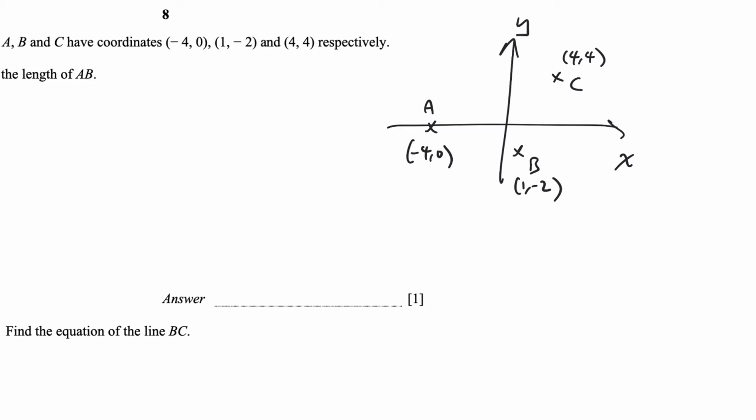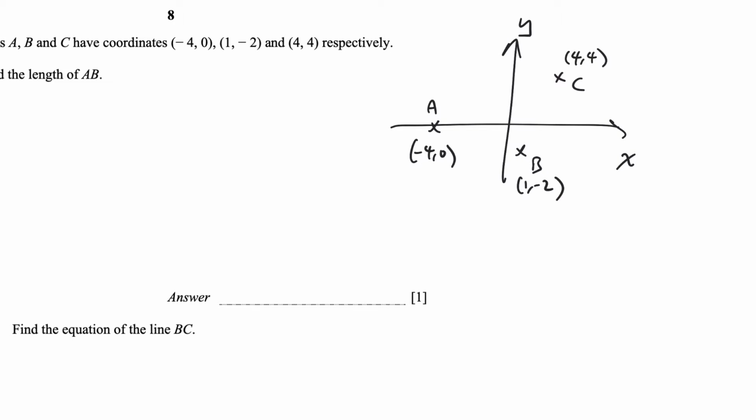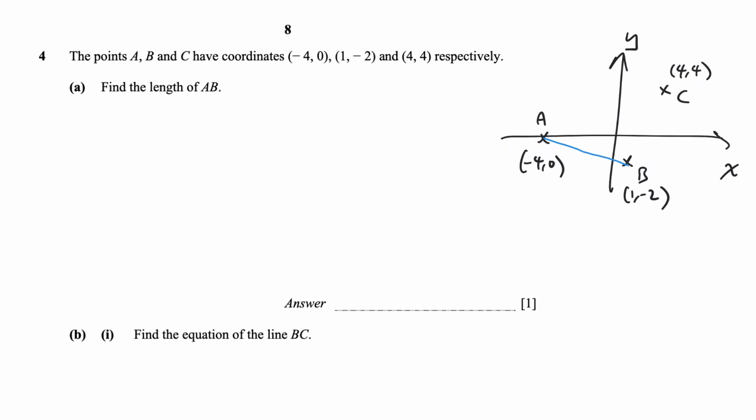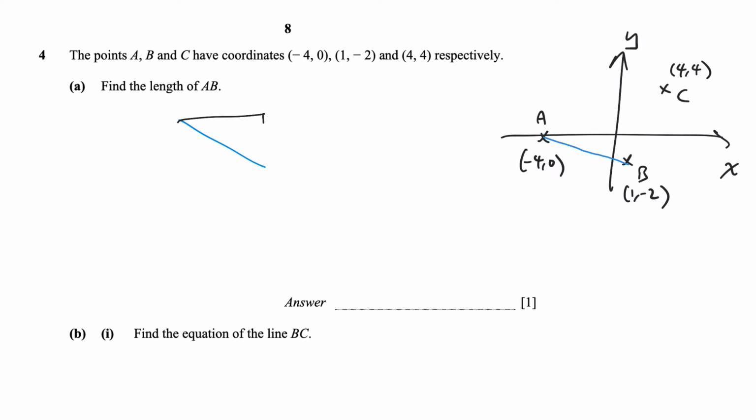So really, what we can do is, you're trying to find this length, right? If you can see, it actually forms this 90-degree triangle from A to B. 1, -2, -4, 0.